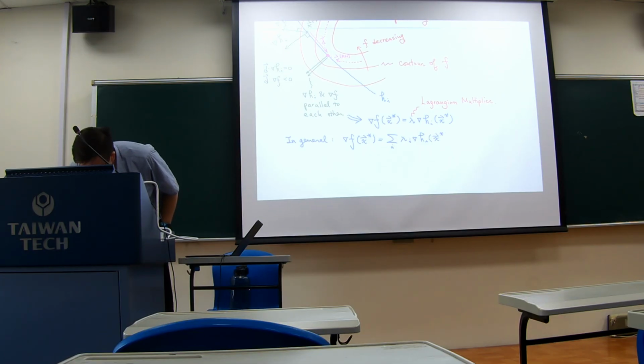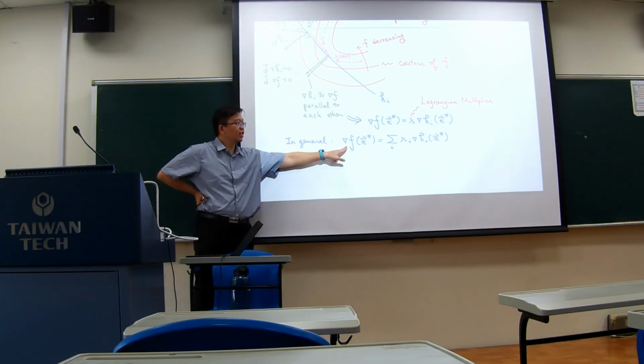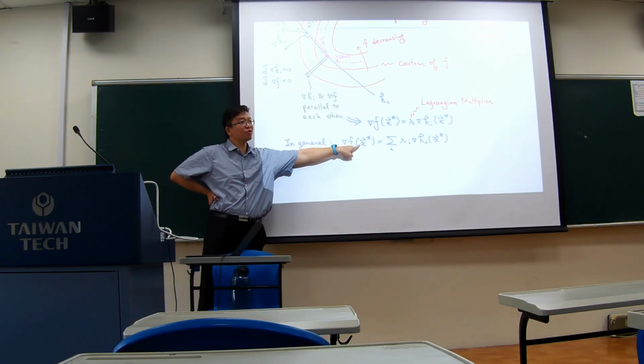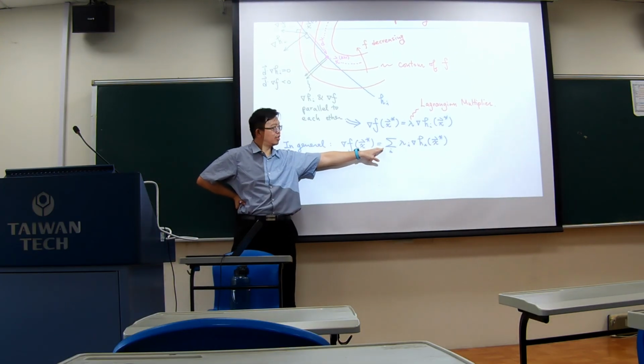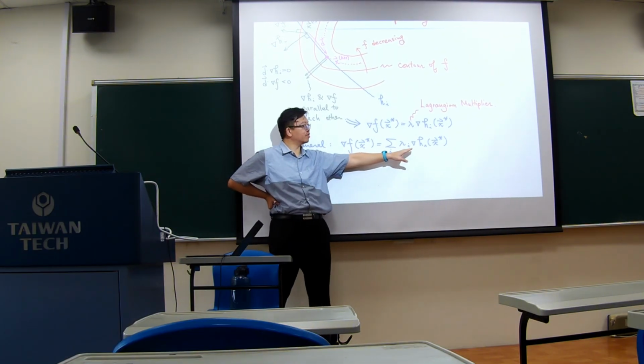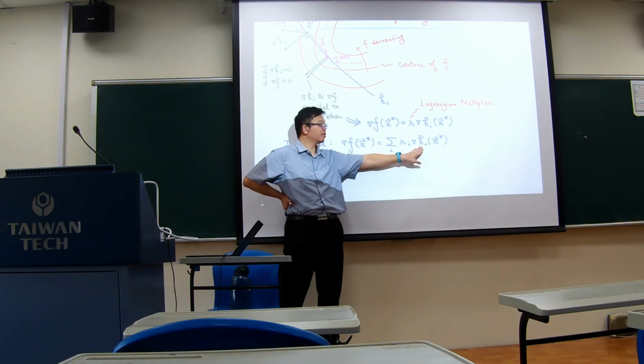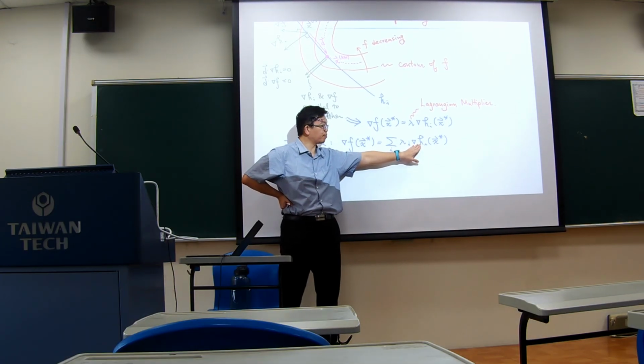So in general, actually, the gradient of f at the optimal solution equals the sum of the Lagrangian multiplier times the gradient of the ith equality constraint.